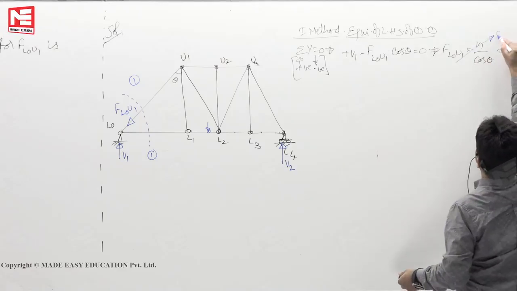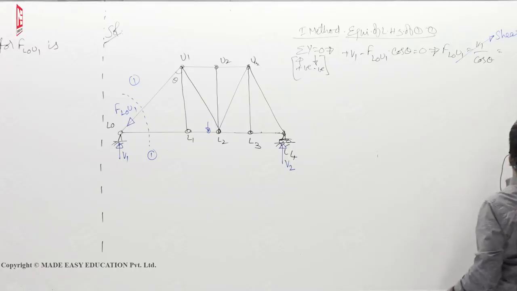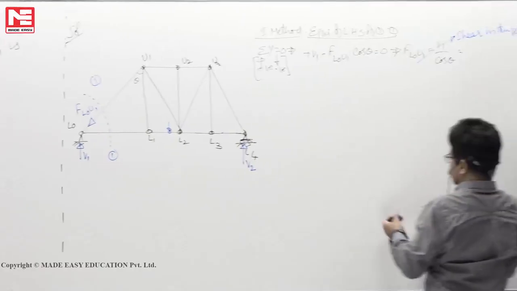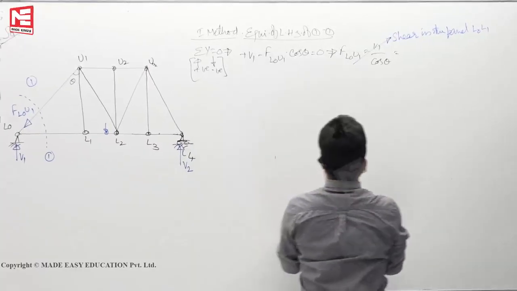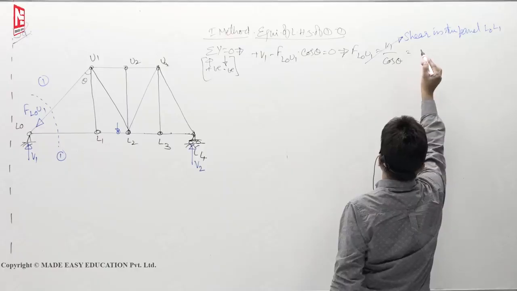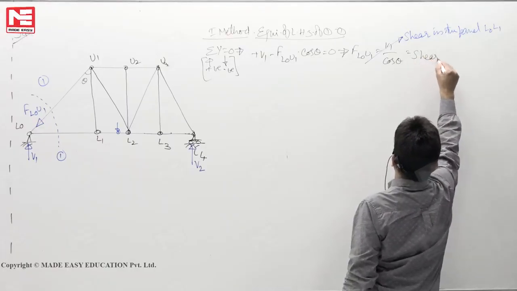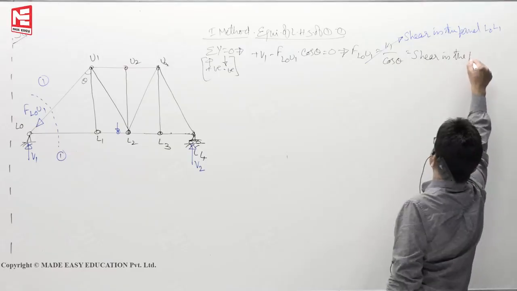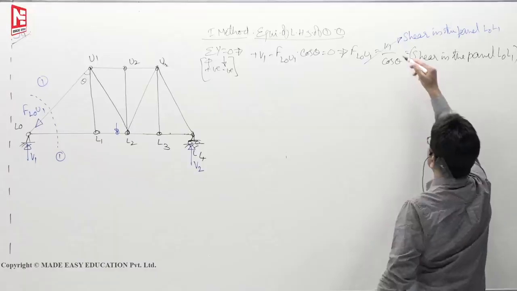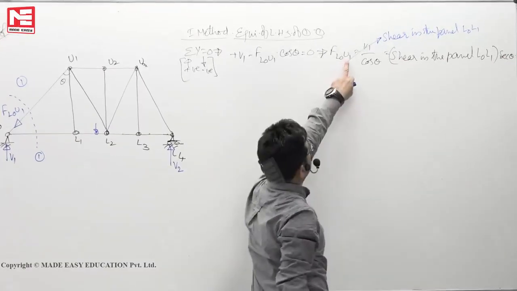So I can write it as shear in the panel L0 L1 into secant theta. Shear in the panel L0 L1 into 1 by cos theta means secant theta. This is for F L0 U1.